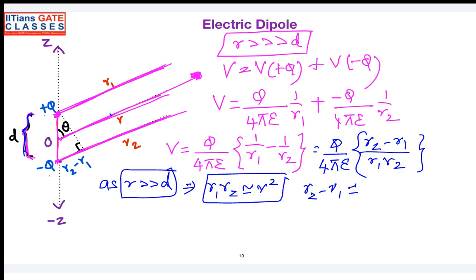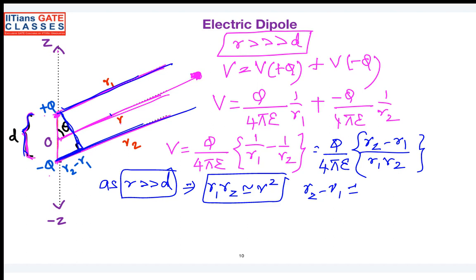See here, this is your R1 and this is your R2. So the difference R2 minus R1 is nothing but, you draw a perpendicular line here. So this portion represents the extra difference, right? When you draw a perpendicular line here, this one and this one are both the same. So whatever the change in R1 and R2 represents is only this particular portion, right?